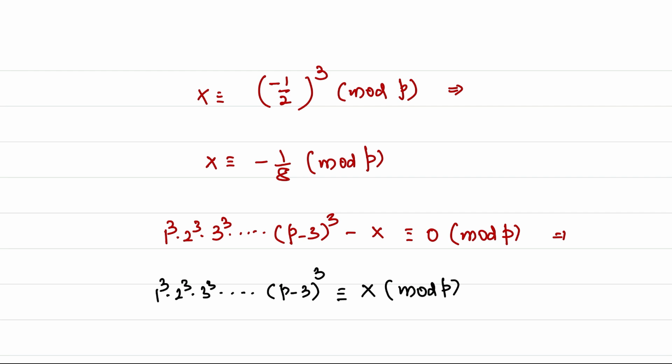We have to find the value of x. That is minus 1 by 8, minus 1 by 8 mod P. When both have mod P, then x is equal to minus 1 by 8.